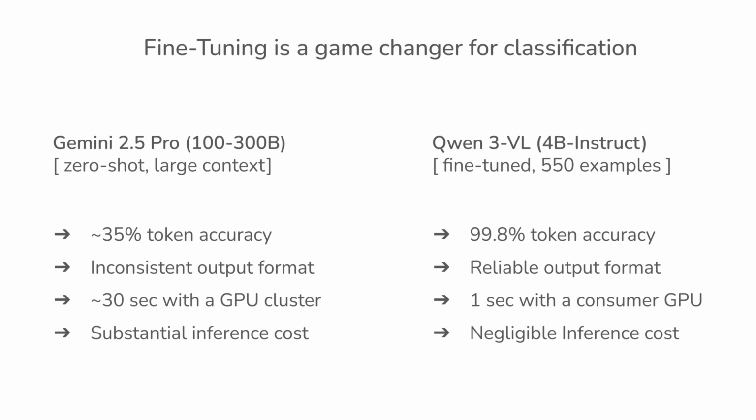This would be much faster on a real data center GPU like an A100 or more. That also means negligible inference cost, because you don't need so much VRAM, and VRAM at the moment is one of the most expensive resources. That was the first insight. So it's absolutely worth it for classification, 100%.